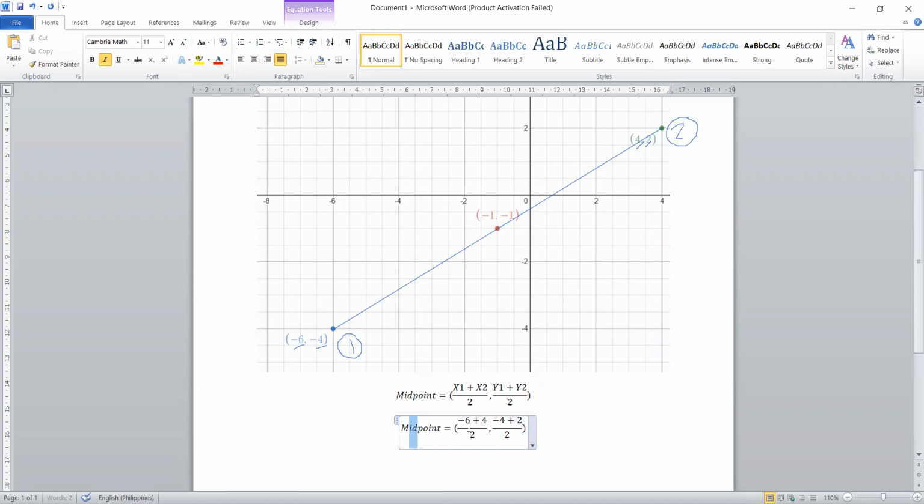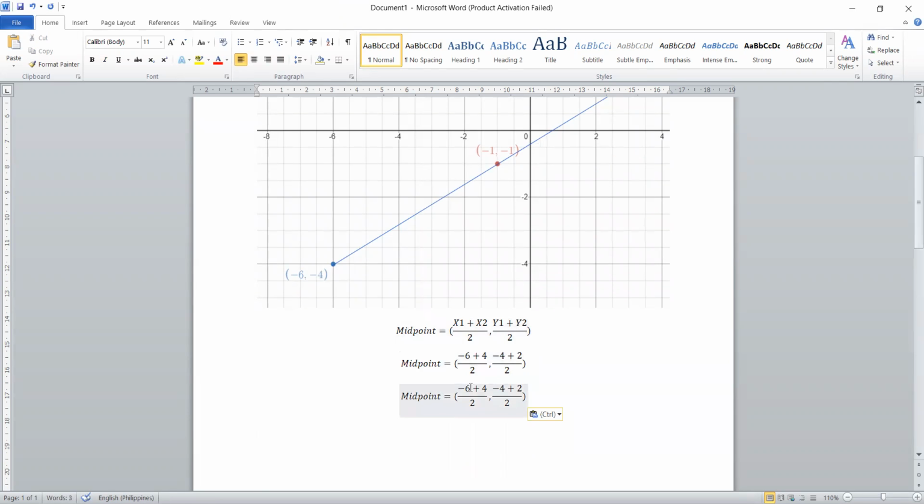So simplifying it further, -4 plus 4 is -2, wait, -6 plus 4 is -2. And -4 plus 2 is also -2.